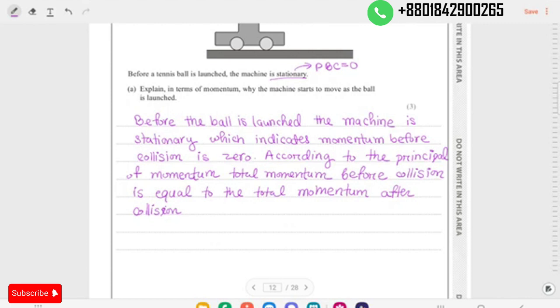So what can we write now? Machine and ball must have equal momentum but in opposite direction to cancel each other out, right?